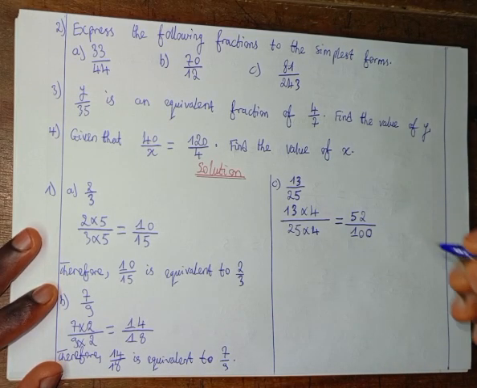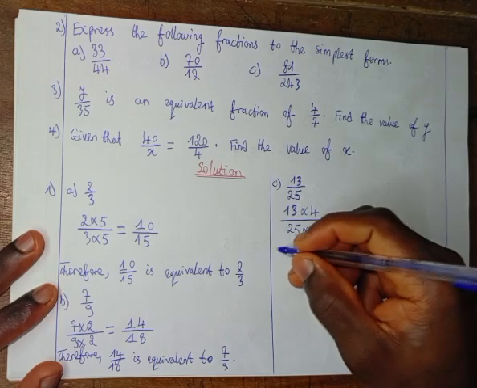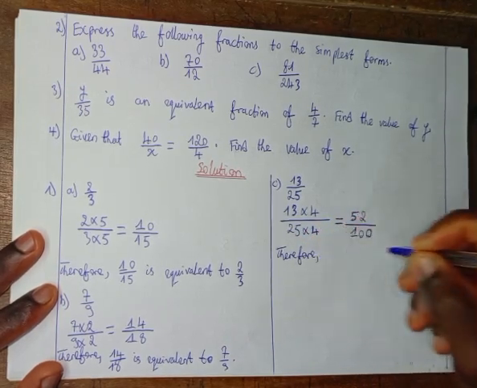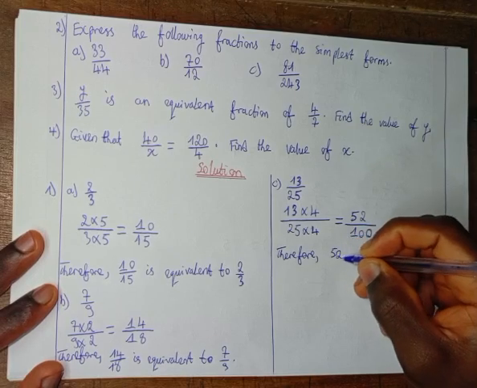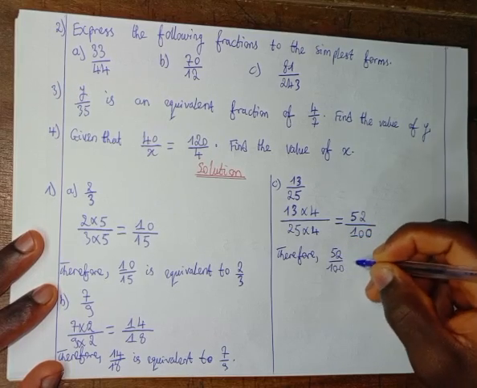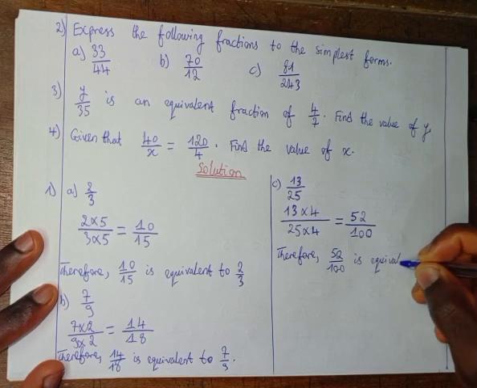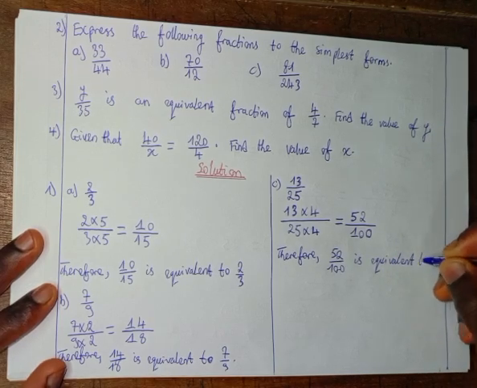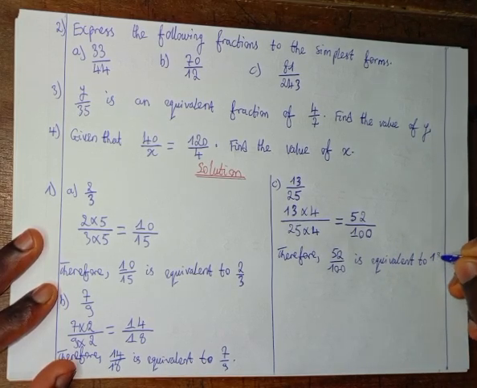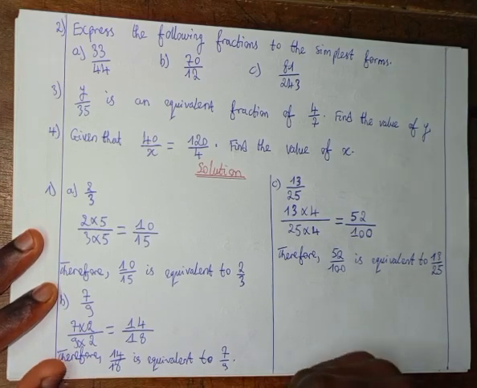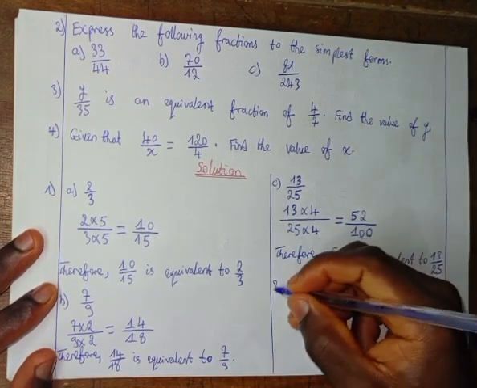Then we conclude. Therefore, 52 over 100 is equivalent to 13 over 25. Next, we go to question 2.